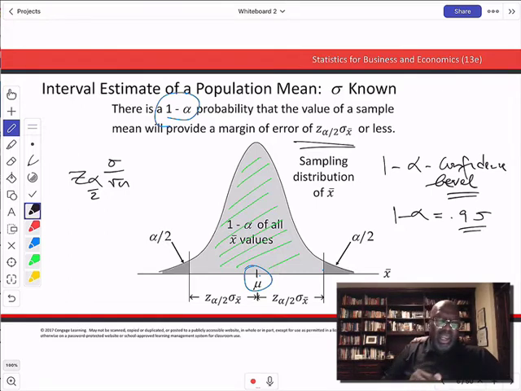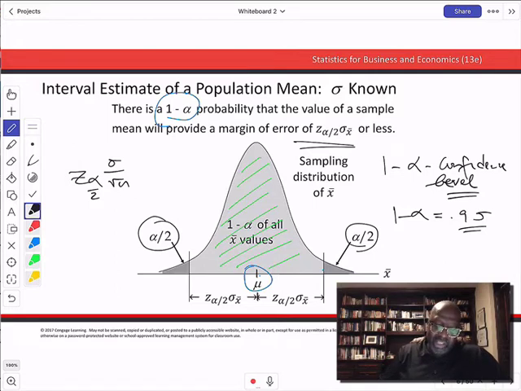Since we know the area under the standard normal is equal to 1, if 1 minus alpha is my shaded region in green, therefore alpha must be the region that is outside. And since I have two tails, I must divide it by 2. So if 1 minus alpha is 95%, then 5% is out, but 2.5% will be in this tail, and the other 2.5% will be in that tail. So therefore, that is why we have the alpha over 2.